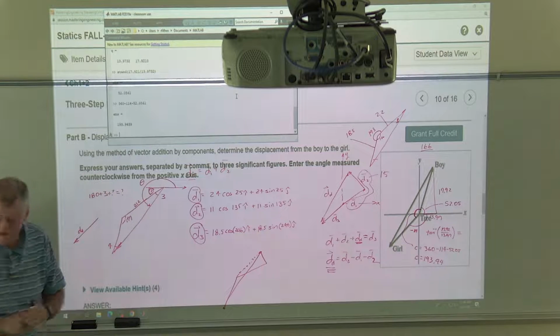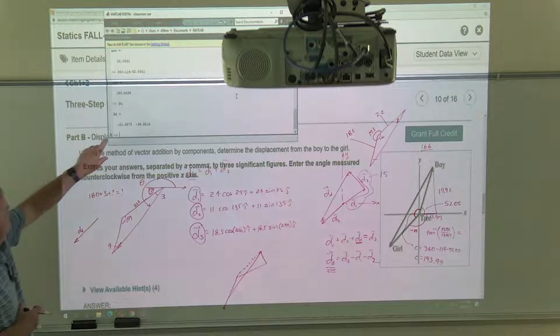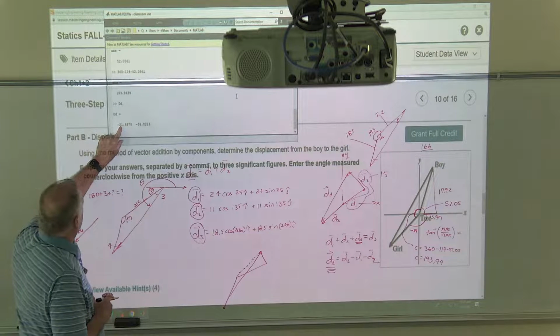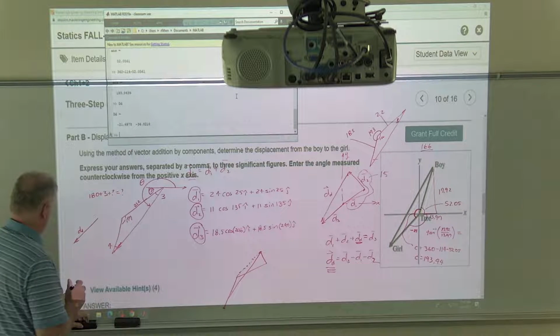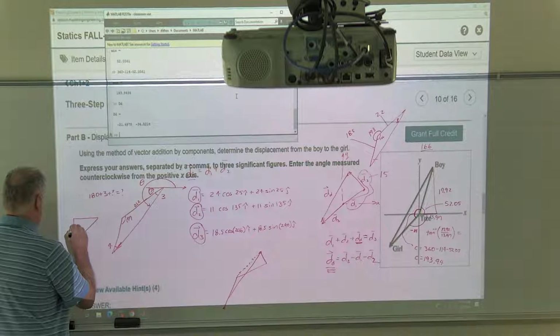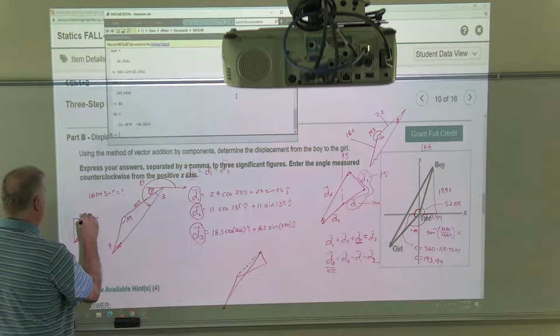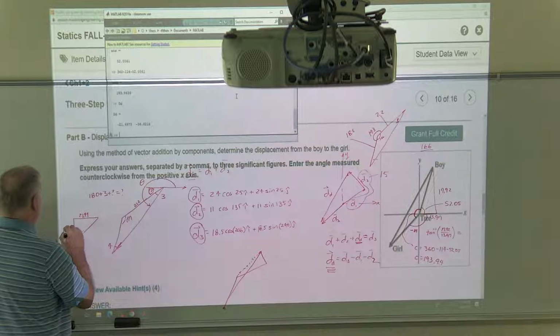I still should have DD in there, shouldn't I? Didn't I call it DD? Okay, minus 21. So that's what I got there, and then 34. So, okay. So, 21.49 and 34.82.